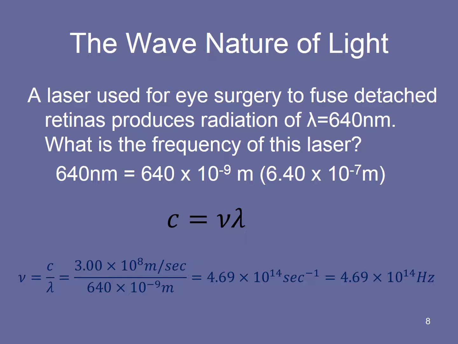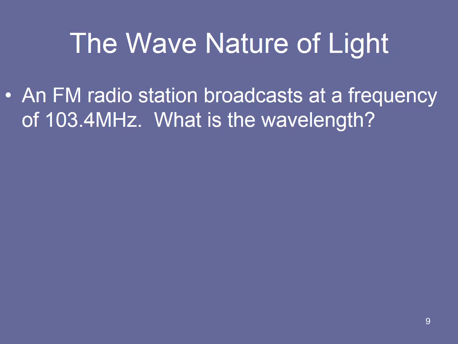All right, so if we plug that in, then frequency equals c, the speed of light, 3 times 10 to the 8th meters per second, divided by lambda, 640 times 10 to the minus 9th meters. Meters cancel, and we get inverse seconds, 4.69 times 10 to the 14th inverse seconds, or hertz.